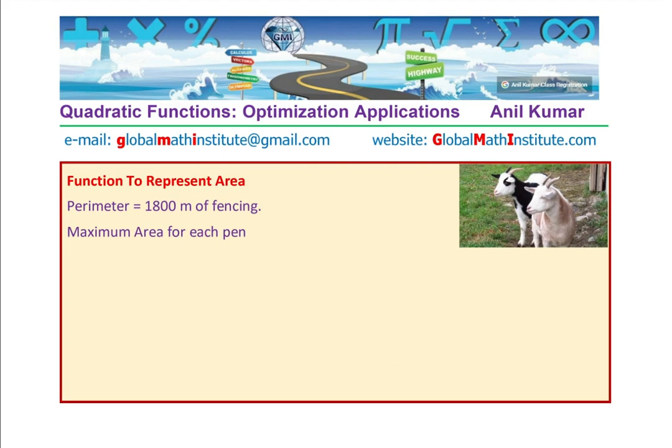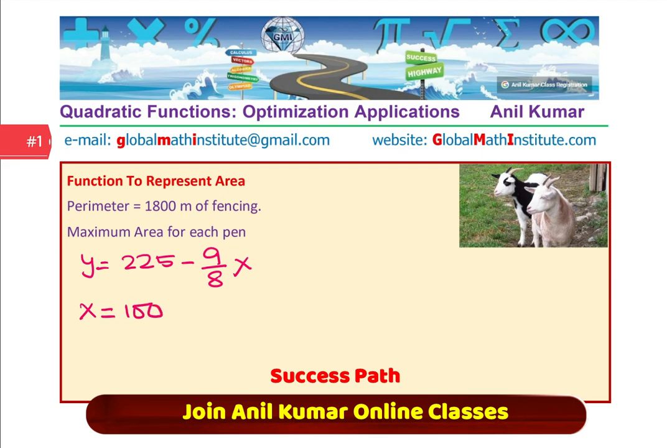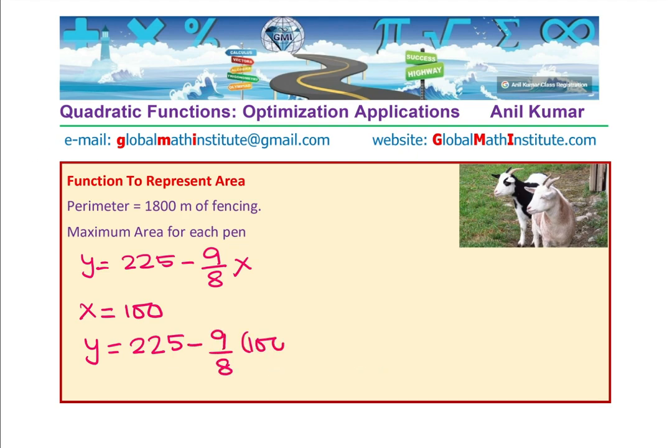We get that y is 225 minus 9 over 8x, and we already know that x is equal to 100 for the maximum. So y is how much? y will be 225 minus 9 over 8 times 100, right? Let's calculate. We get 225 minus 900 divided by 8, and that gives you a value of 112.5. So that becomes the value of y.